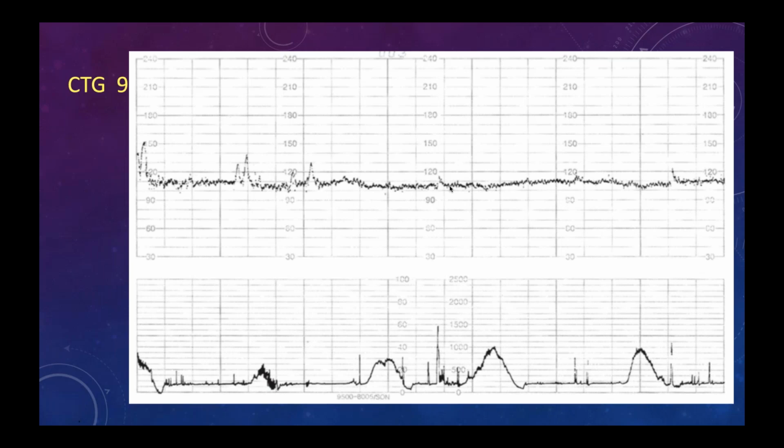The only thing is the baseline is 110, but 110 is okay, so it's a normal CTG. If the baseline is less than 110, then it would be called suspicious.